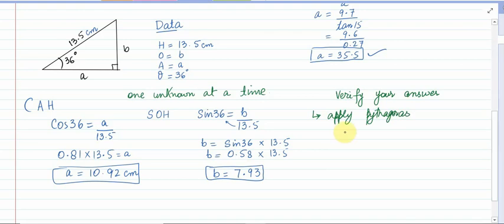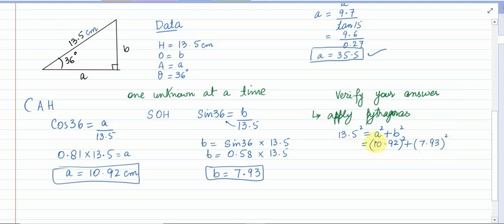It will be 13.5 square is equals to a square plus b square. We have the value of a and b. So a is 10.92 square plus b is 7.93 square.